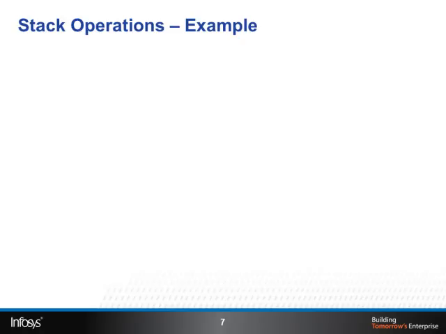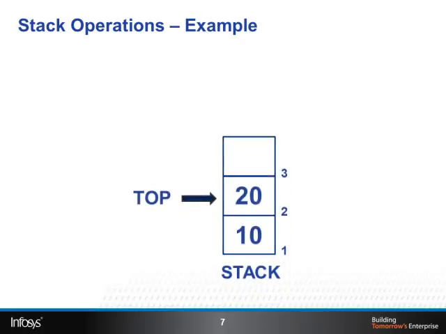Let us see an example to understand these operations on the stack. Consider the stack as shown here with two elements, namely 10 and 20. We can also see that the current position of the top of the stack is second. Now we need to insert a new element, say 30.